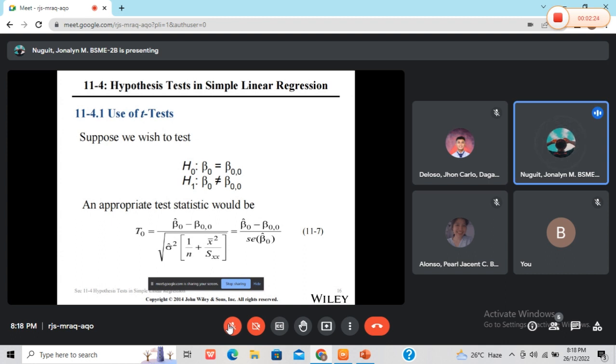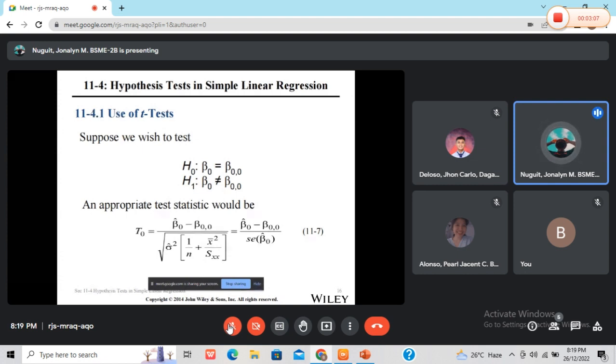An appropriate statistic would be t sub 0 equals beta hat sub 0 minus beta sub 0,0 over the square root of sigma hat squared times 1 over n plus x bar squared over S sub xx, which equals beta hat sub 0 minus beta sub 0,0 over the standard error of beta hat sub 0.